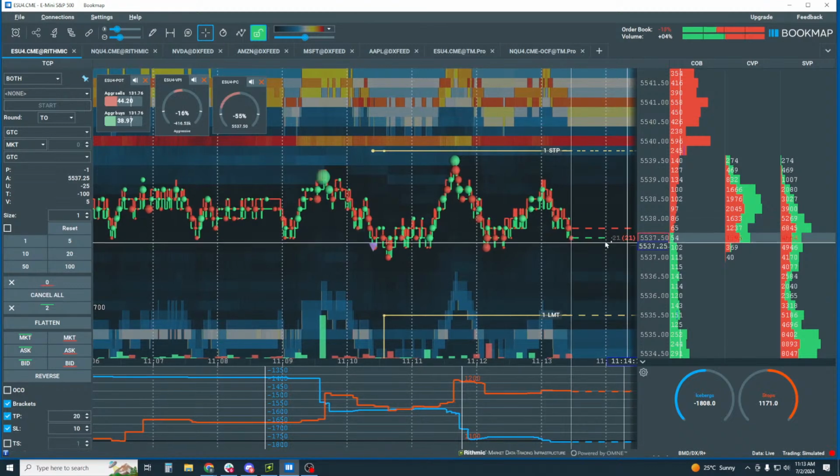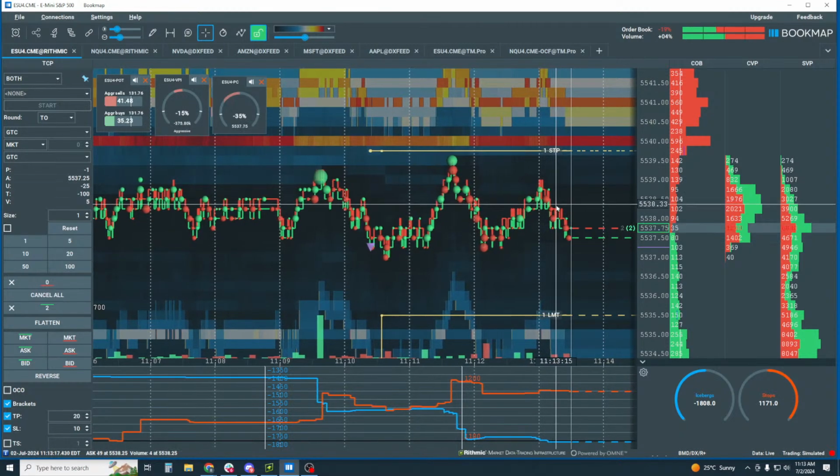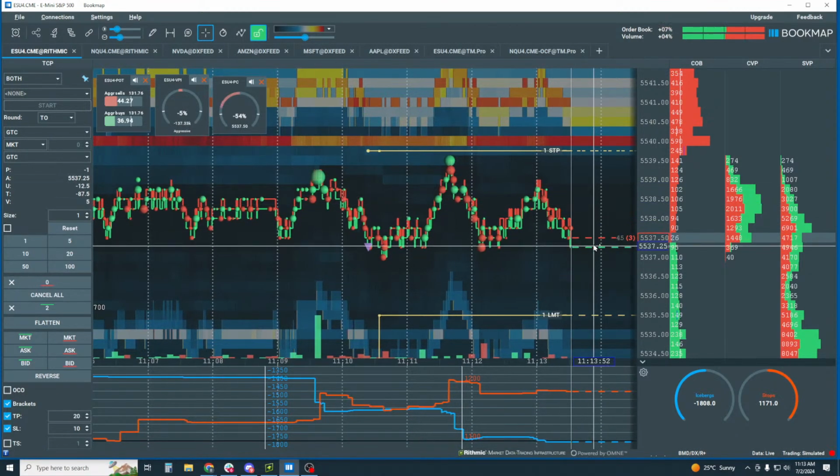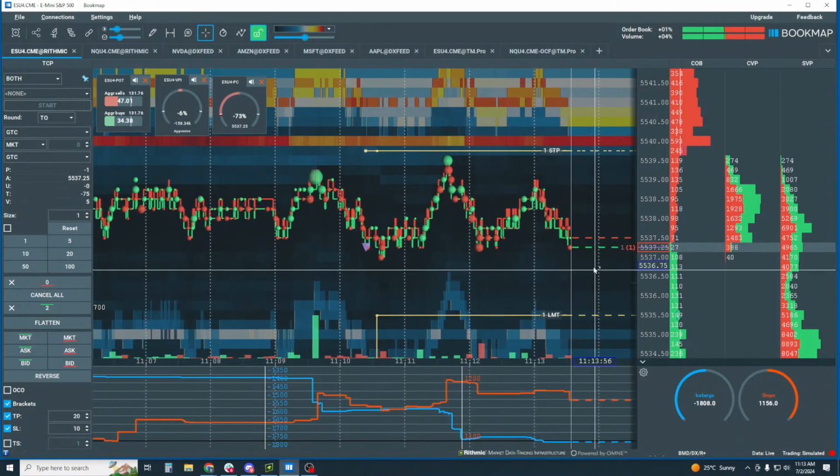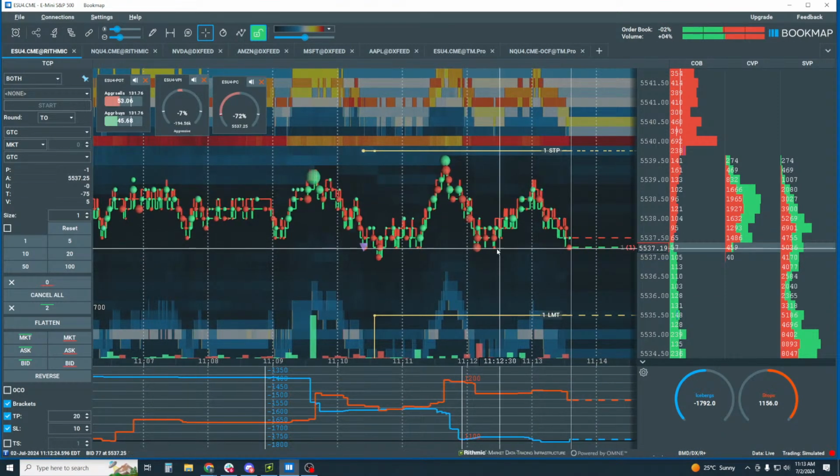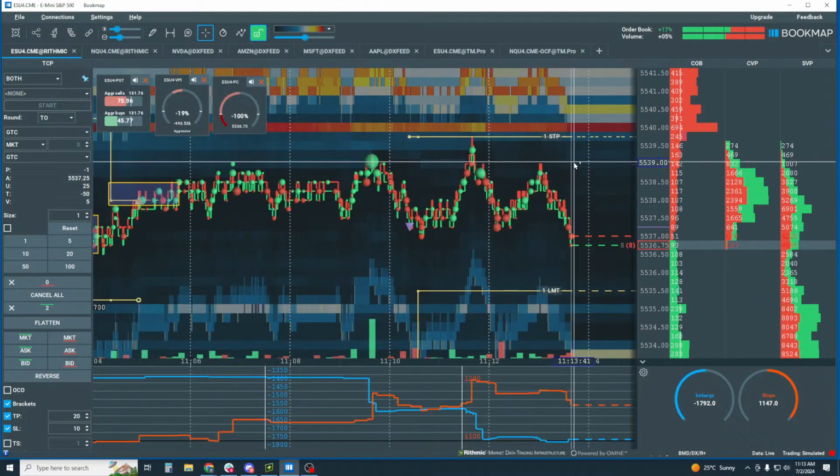Let's see what kind of unfolds here. If we do get this scenario of looking for that stop run here to the downside and breaking this level here. Okay, it looks pretty good.